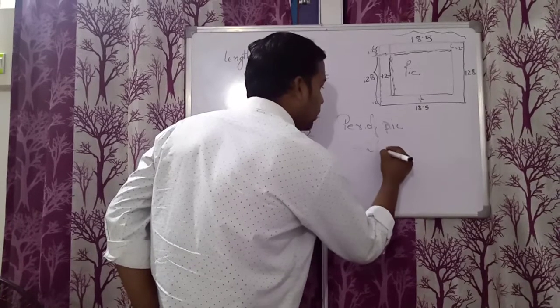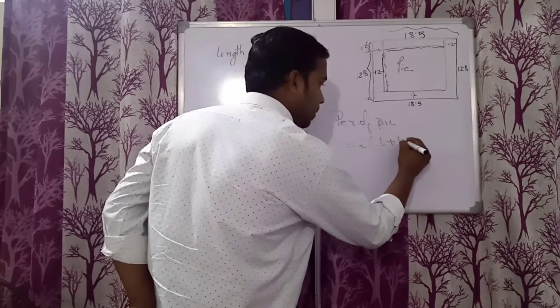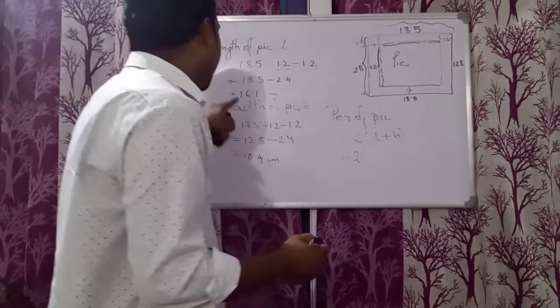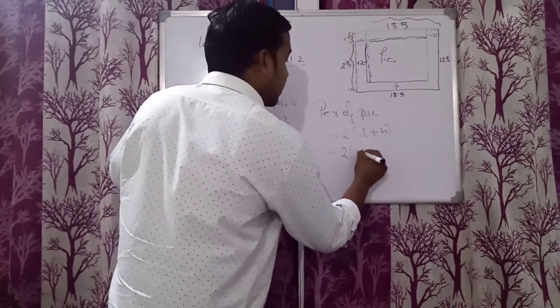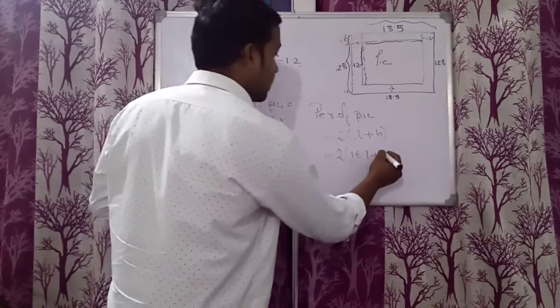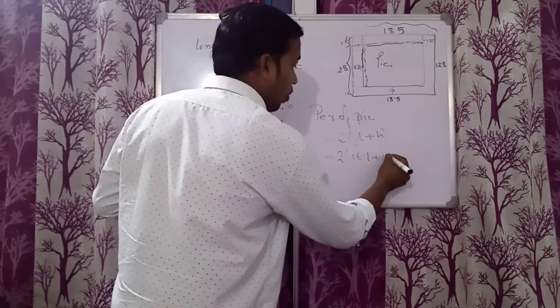2 whole into L plus B is equal to 2 whole into L. L is equal to how much? 16.1. Then plus B is equal to how much? 10.4.